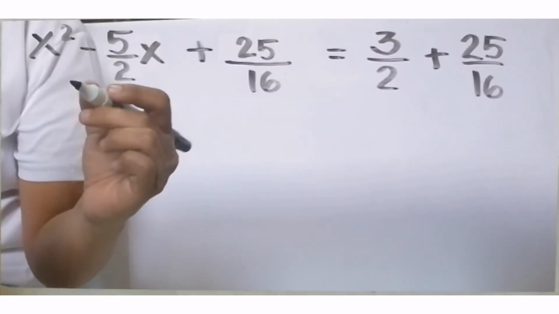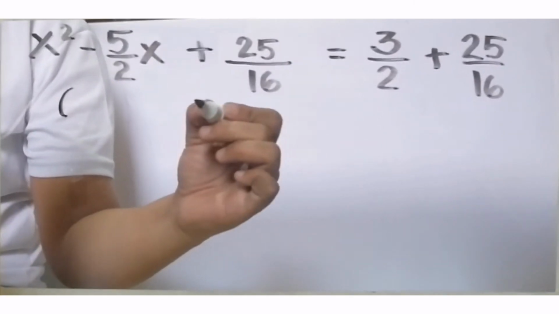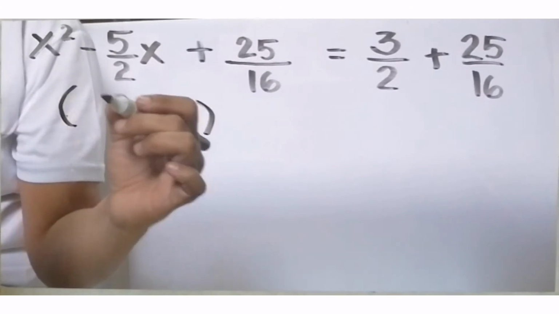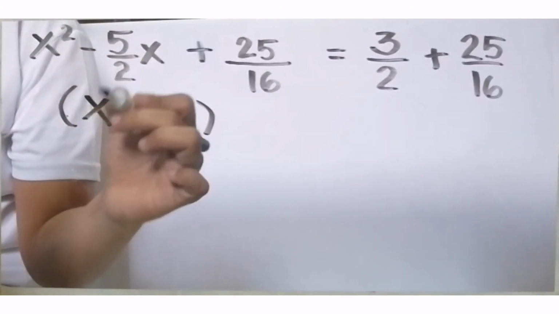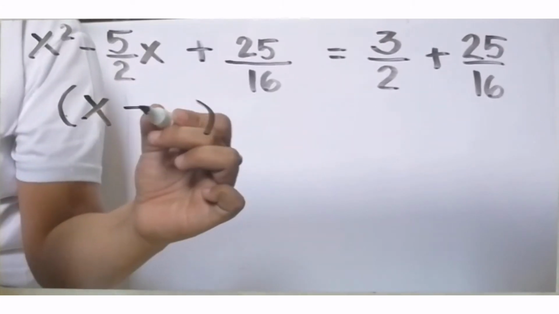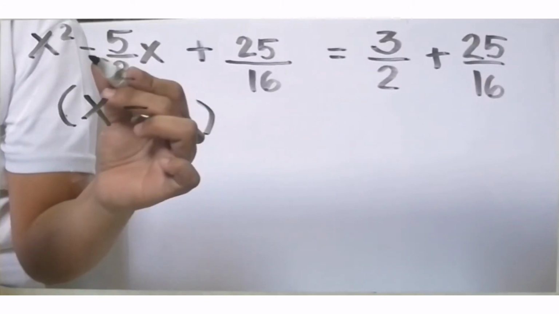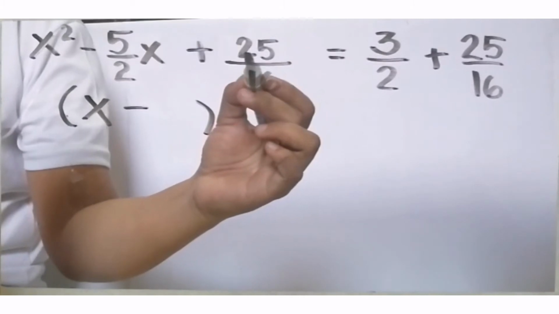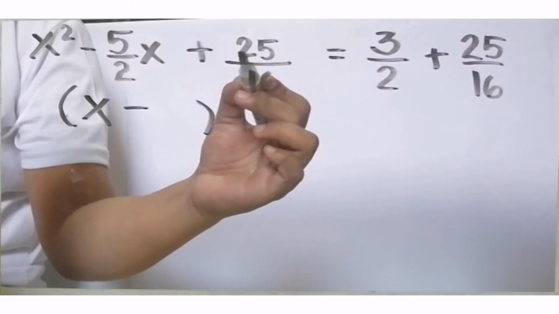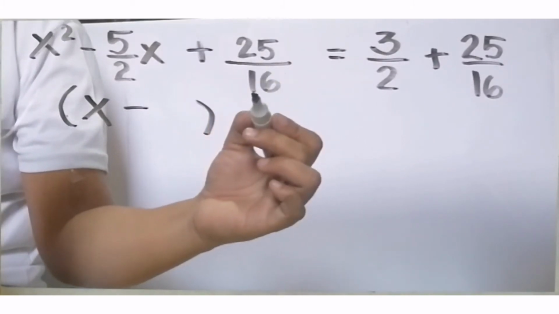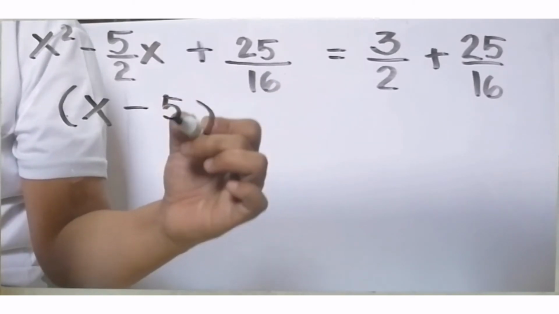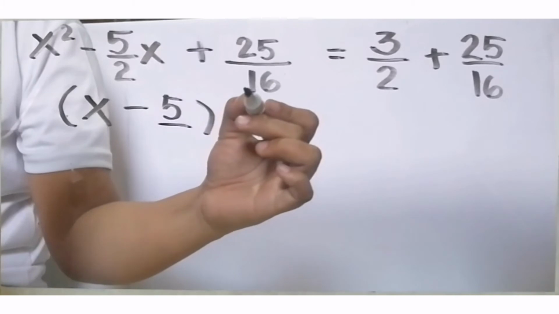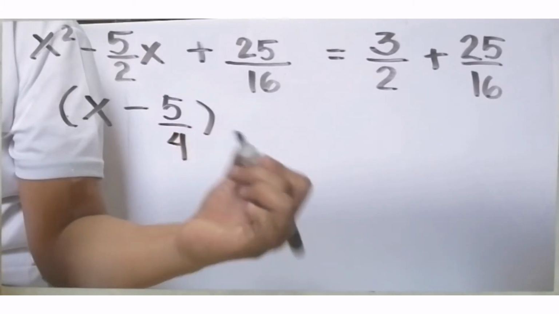So, dahil perfect square na ito, ang factor nito ay square root of x squared is x. Tapos, negative ang ating sign or operation. Then, get the square root of 25 over 16. So, ang square root ng ating 25 ay 5. And then, square root of our 16 is 4.